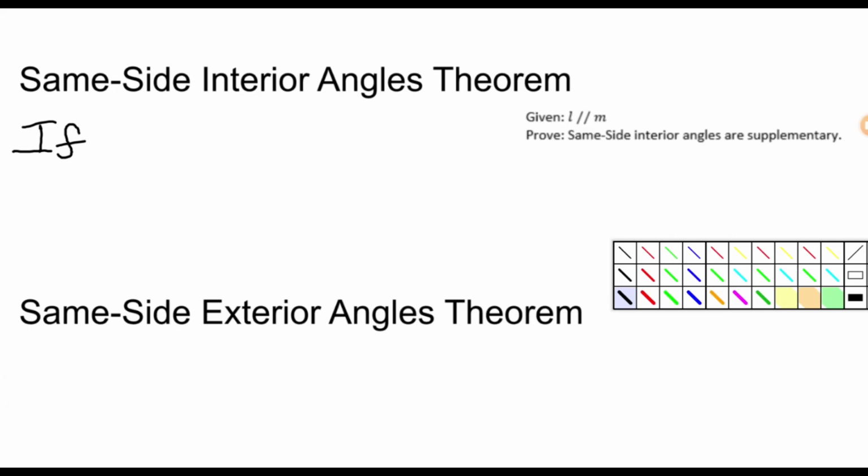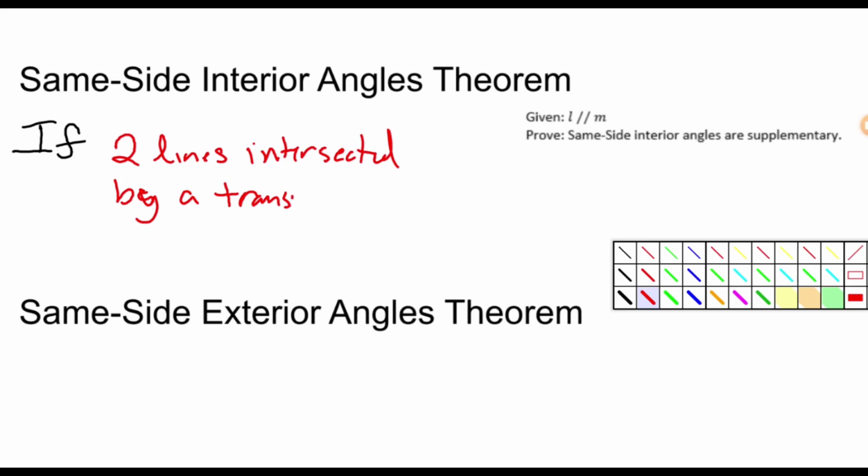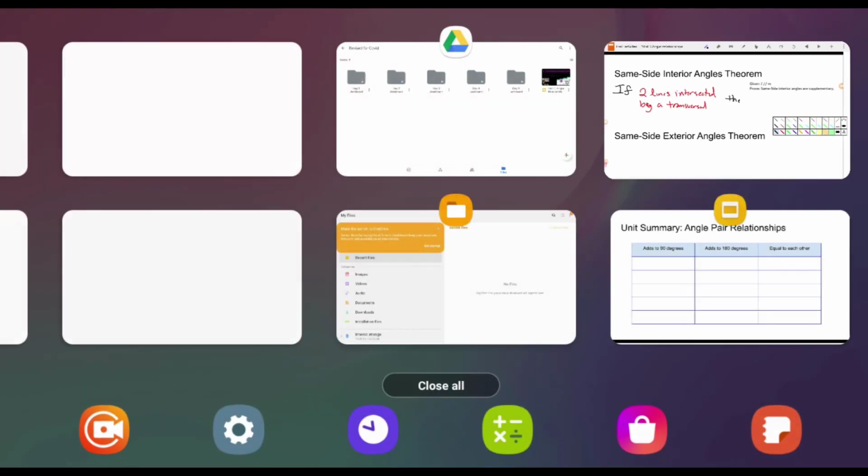So if, what was your condition? We needed two lines intersected by a transversal. So whenever you have two lines intersected by a transversal, then what do we know now?